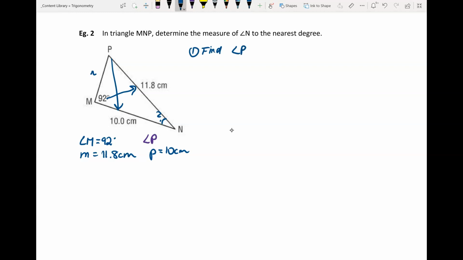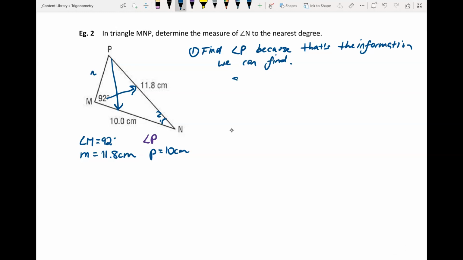And once I have angle P, I can find angle N afterwards. Again, we're finding angle P because that's the only information that we actually can find right now. We have no information about side N or angle N.